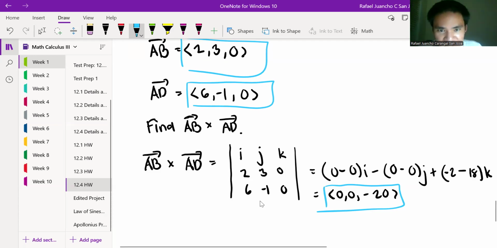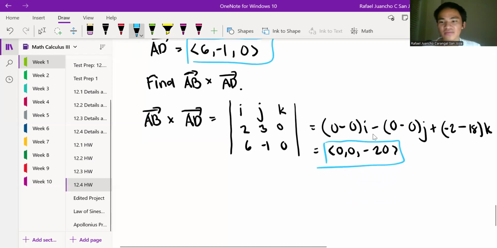2, 3, 0, 6, -1, 0. Take out the I, so 0. 3 times 0, 0. -1 times 0, 0. For J, 2 times 0, 0. 6 times 0, 0. For K, 2 times -1 is -2. 6 times 3 is 18. -2 minus 18 is -20.